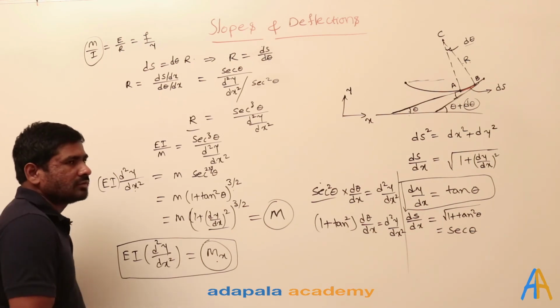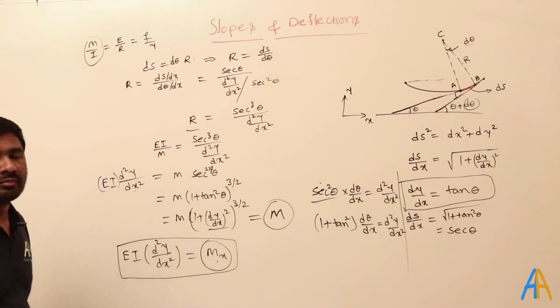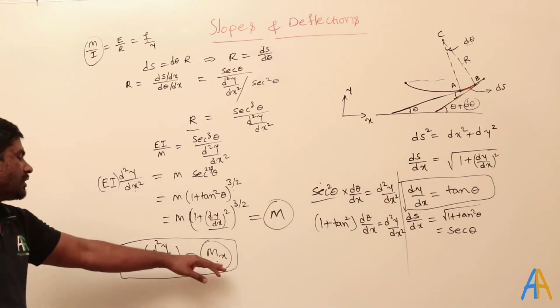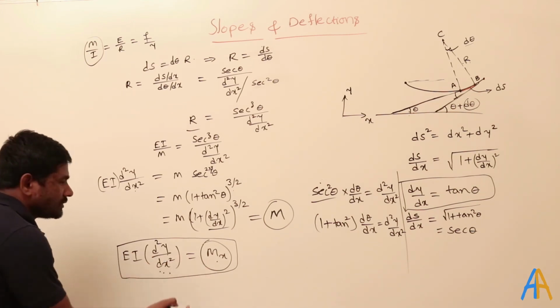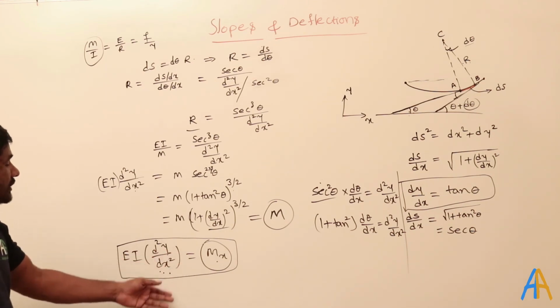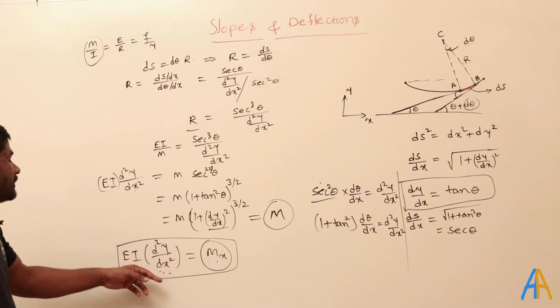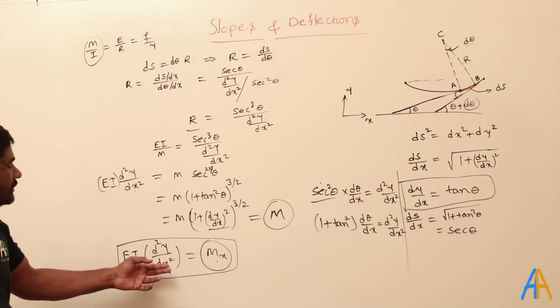Sometimes if it is a constant, you use only the constant value. Otherwise, if it depends on the x value, then you need to substitute in terms of x. When you substitute this M value and integrate, if you do single integration, you will find the slope. If you do double integration, you will find the deflection.